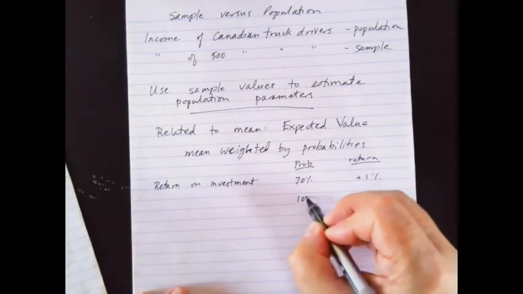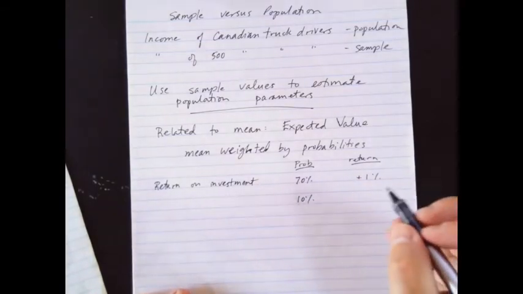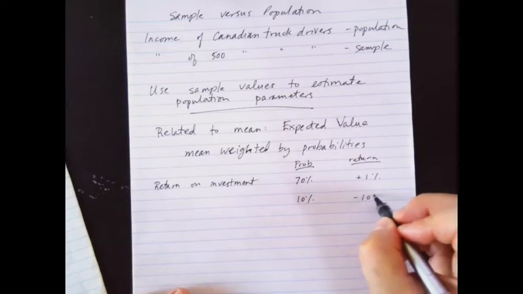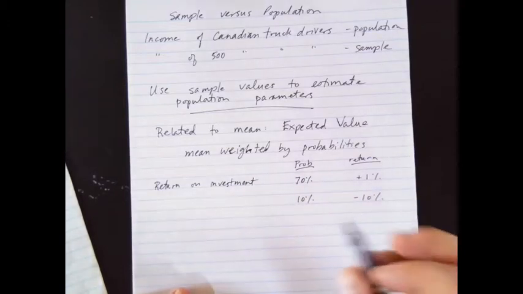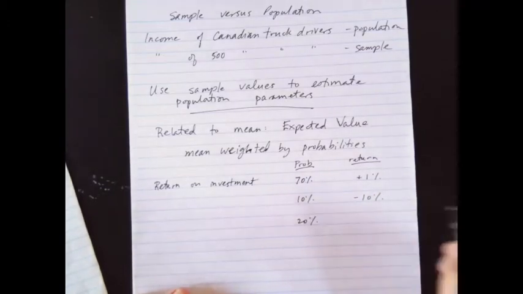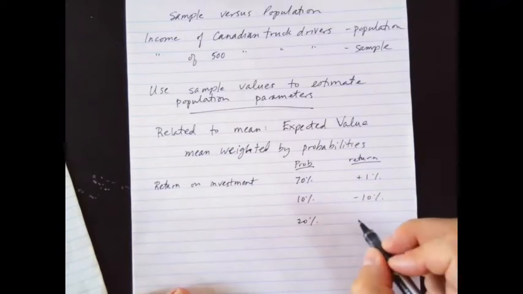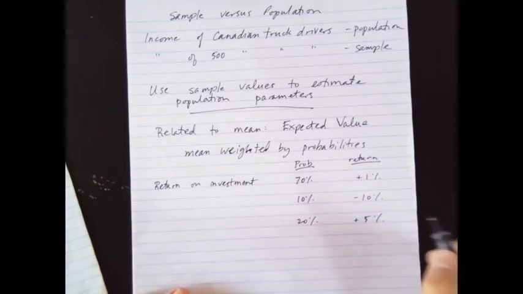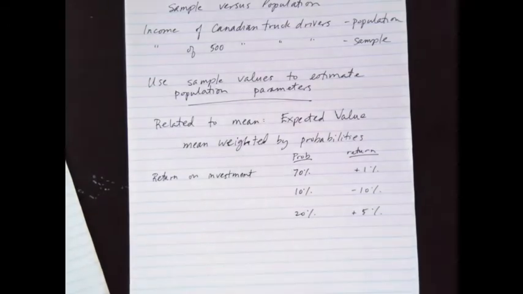There is a 10% probability that the return will be minus 10%. And there is a 20% probability that the return will be 5%. So, what is the expected value of the return on this investment?